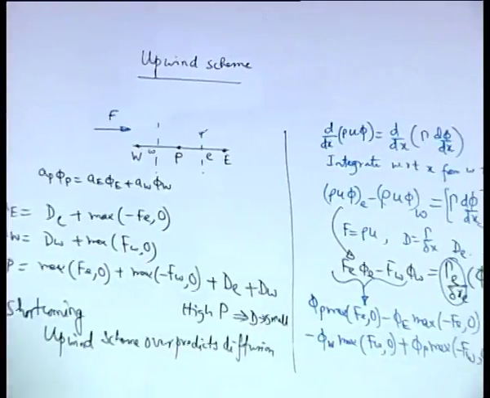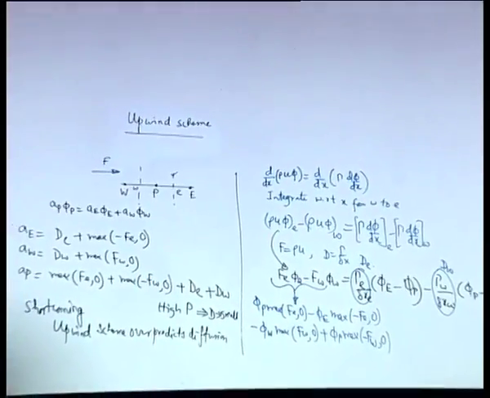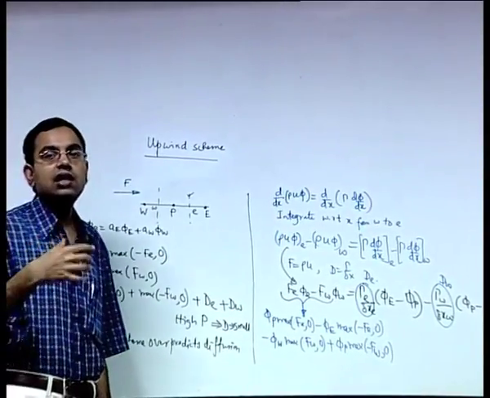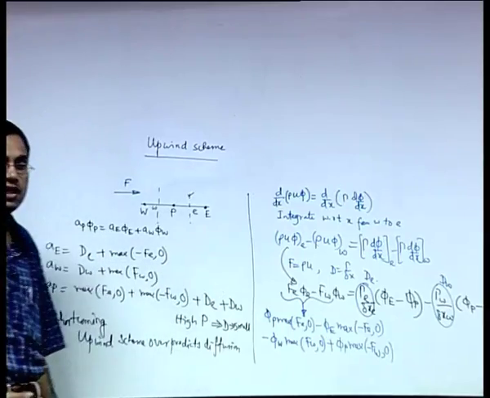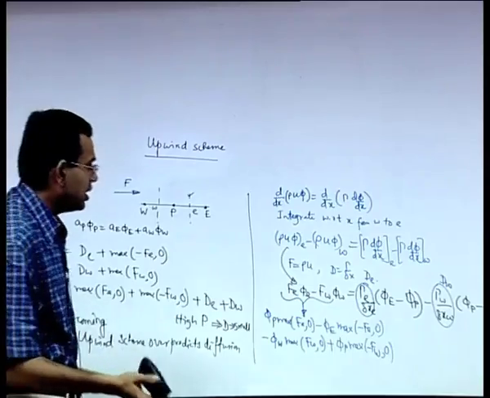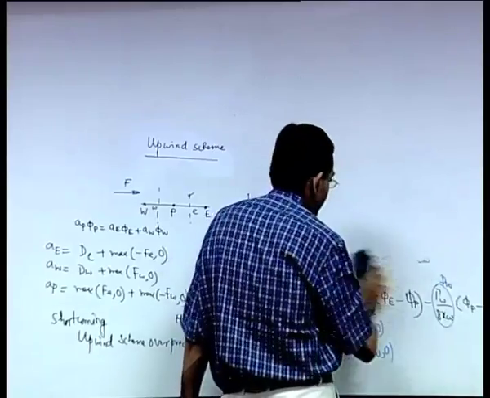So, if you have to use the central difference scheme, you have to be careful about that. In the upwind scheme, we need not be careful about such restrictions and still it works in a physically consistent sense. So, to see how the upwind scheme works in different problems, let us try to work out an example.